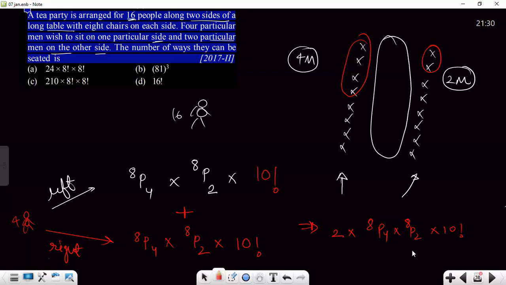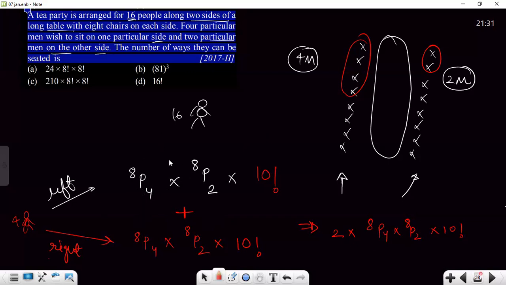Is that clear? How have I written so? Clear or not? Yeah, clear, sir. I have added the same terms, that's why we can write 2 here. And also, why particularly 8P4? P represents selecting 4 things, 4 chairs, and arranging, selecting 4 chairs out of 8 and arranging 4 people on them.